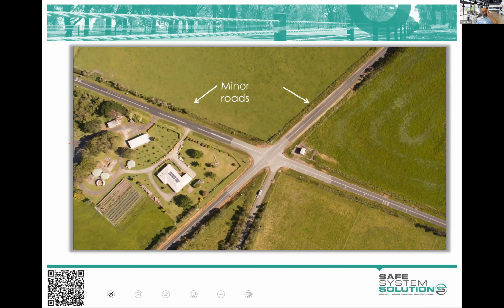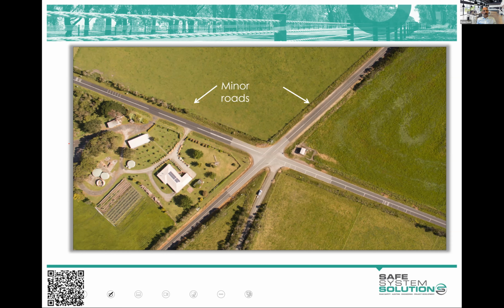Okay, another one I just want to show you. Again, this is not particularly about this specific treatment, but more about people's determination to address the severity of crashes. This is an intersection that the region wanted to treat.